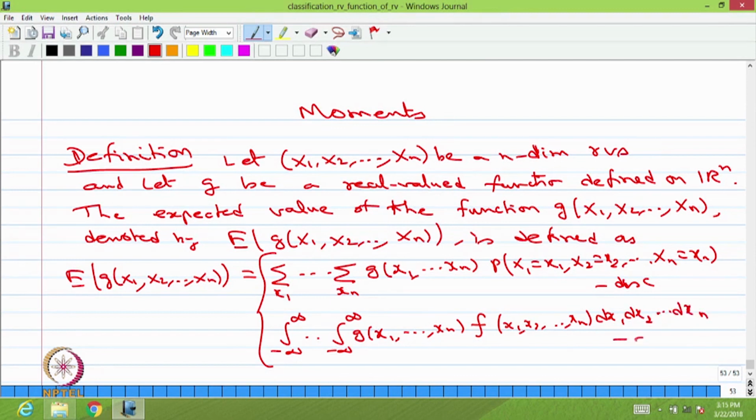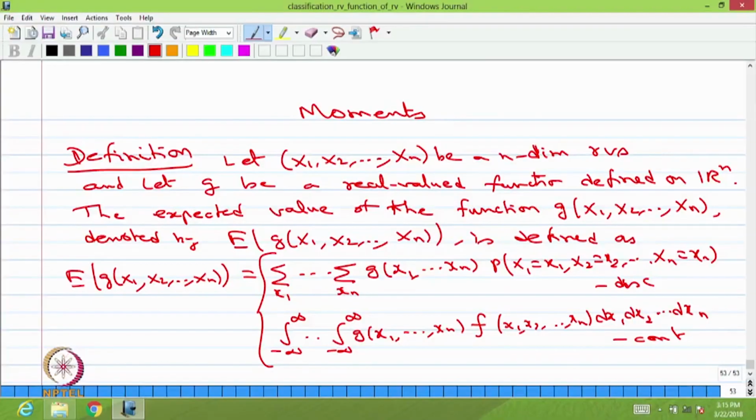This is provided that, when the random variables are of the discrete type, the summation in absolute sense is finite, or when they are of the continuous type, in absolute sense the integration is a finite quantity.